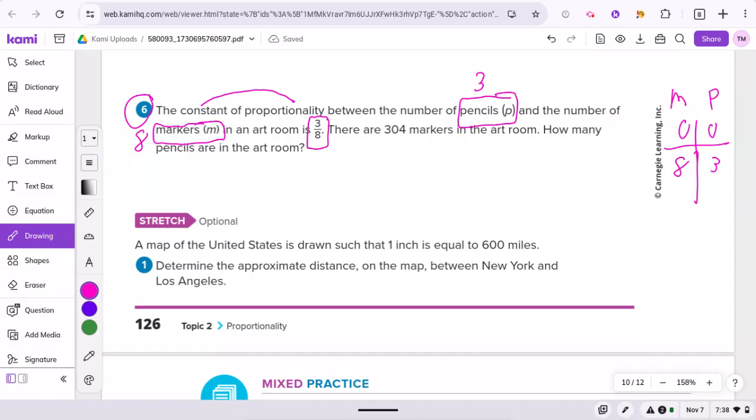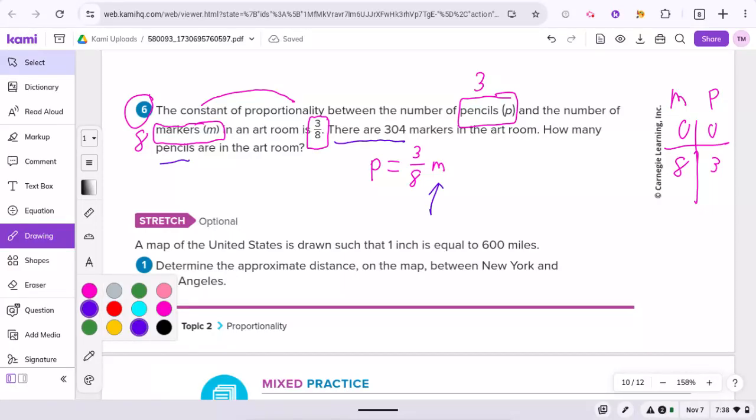So if we were to set up this equation, we can put the number of pencils here, and we would have a proportionality of 3 over 8. And then, of course, here we'd put M for markers. So the question is asking, if there are 304 markers in the art room, how many pencils are there?